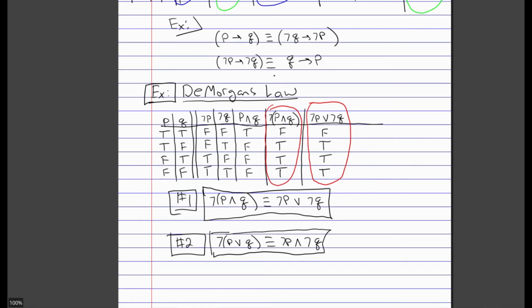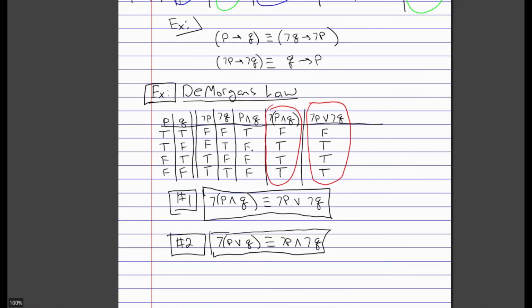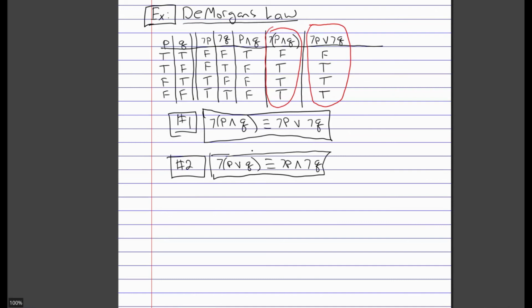This is a very important example. So please remember this, not just this logical equivalence, but how to show it as well. Because if you forget these logical equivalences, you can always go through and rederive them using the truth table. There are going to be certain problems that I give you where you have to use the logical equivalences.